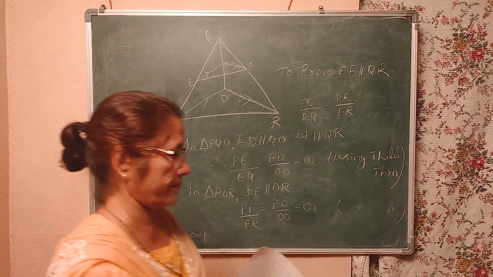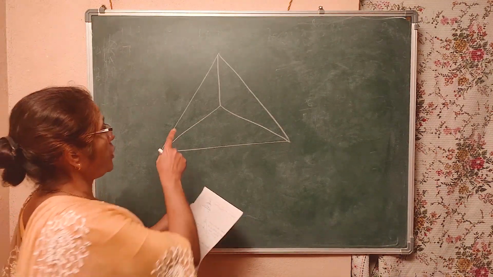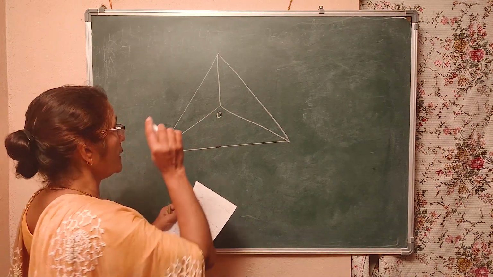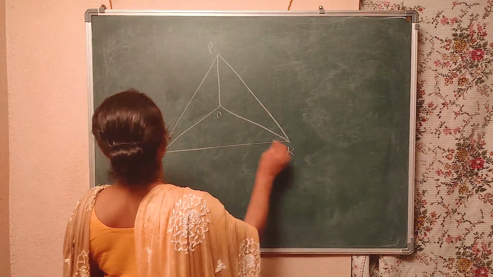Now, sixth question. They have given the figure. PQR is a triangle.